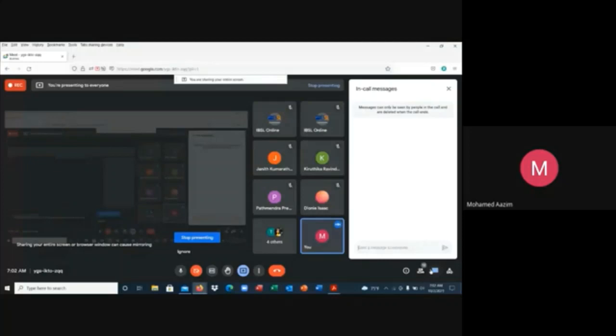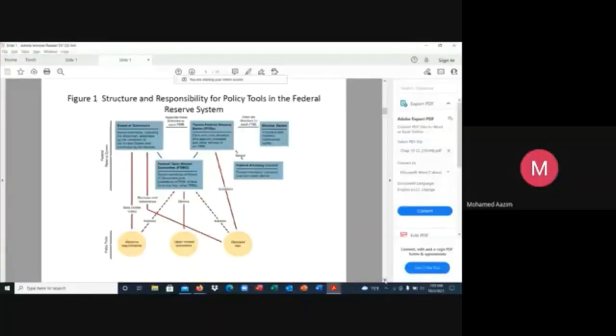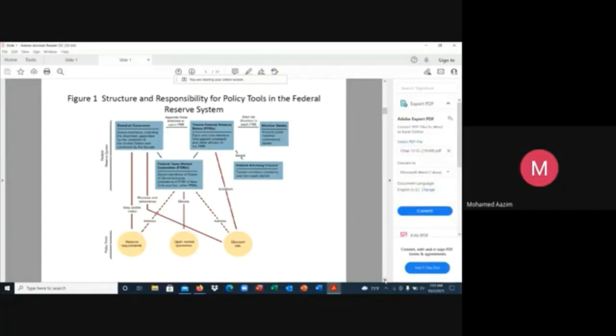So we discussed up to the functions of the Federal Reserve System. You already know more or less the key three components in the Federal Reserve System: the Board of Governors, the Federal Open Market Committee, and then you have 12 central banks, or the Federal Reserve banks, in the US.